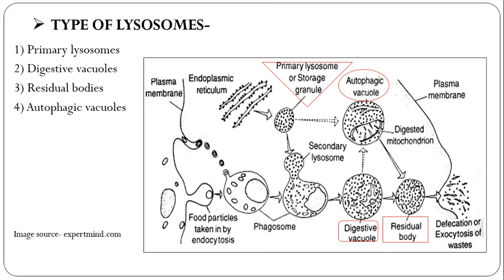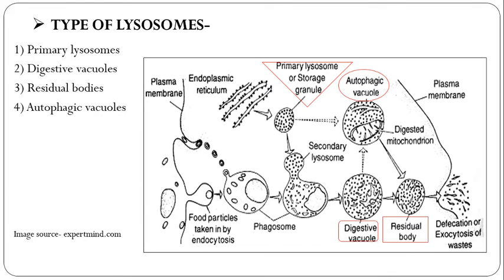This is the mechanism by which the cell can achieve the degradation of its own constituents which have undergone irreparable damage. Irreparable damage is handled by the autophagic vacuoles. Mostly it is found in the liver in the starvation condition.